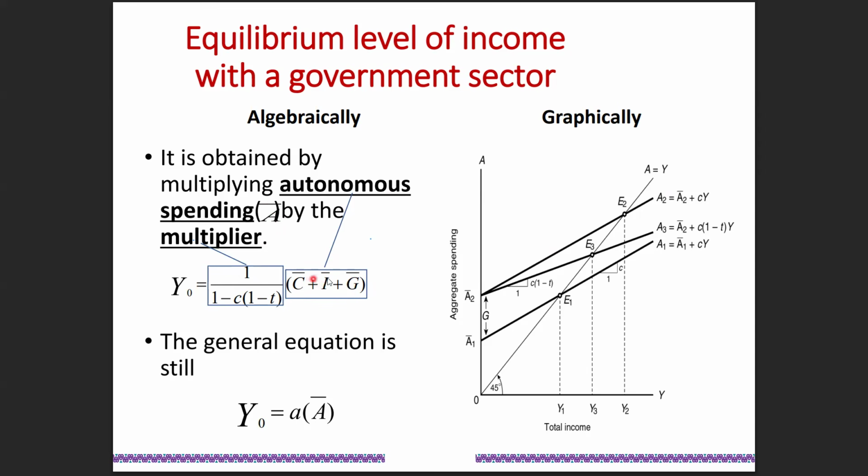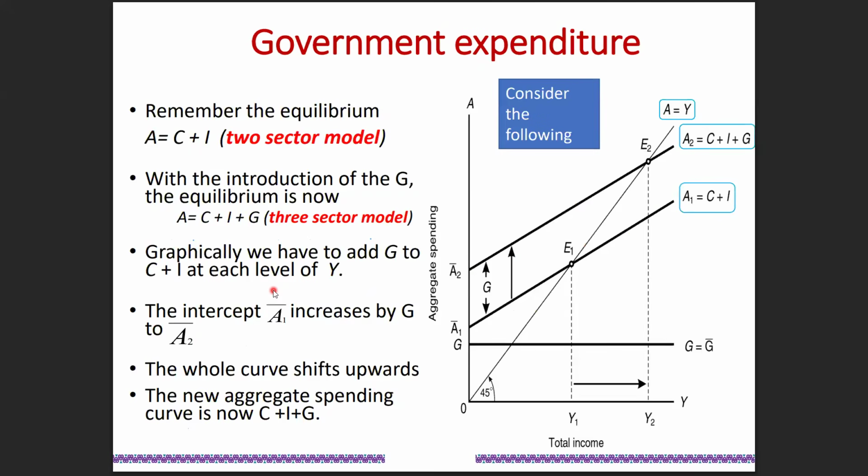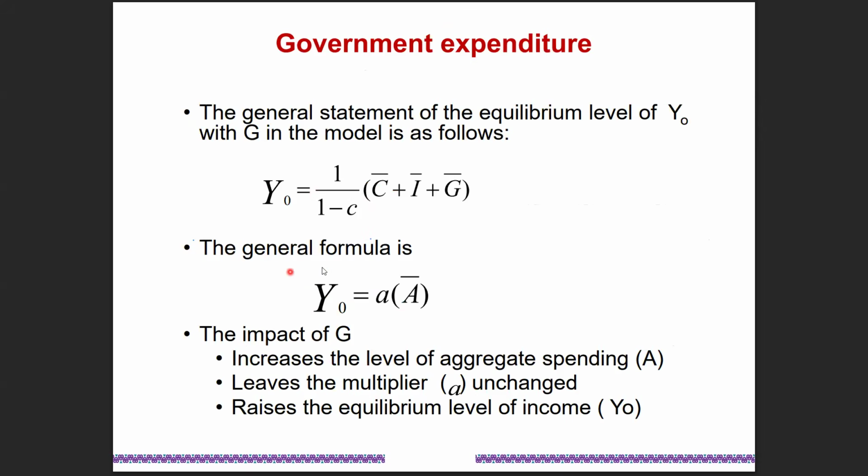So include all the autonomous components, then you multiply them by the multiplier. Right. So with the government, remember, this might confuse you guys. They said here that the government leaves the multiplier unchanged. This one, where we have 1 over 1 minus C, right? It leaves the multiplier unchanged. That is just for you to know that with the government, it leaves the multiplier unchanged.